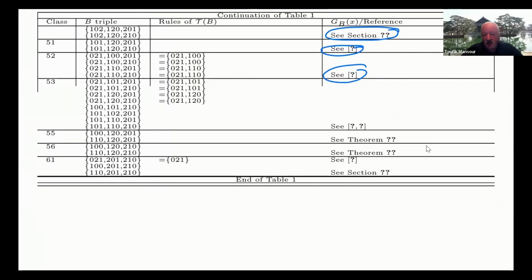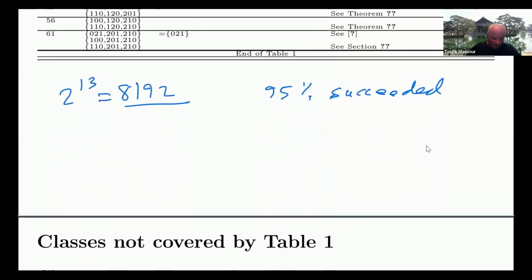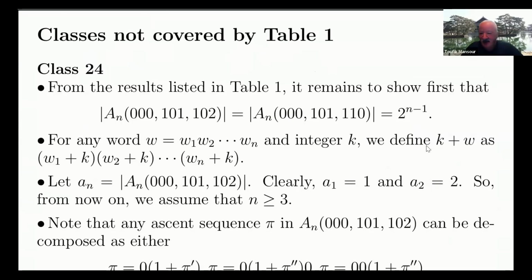Actually, if I look at how many cases, it was 2.13 subsets. How many did the program succeed on? More than 25%. We succeeded. But still 5% to do. So this is not covered by Table 1.